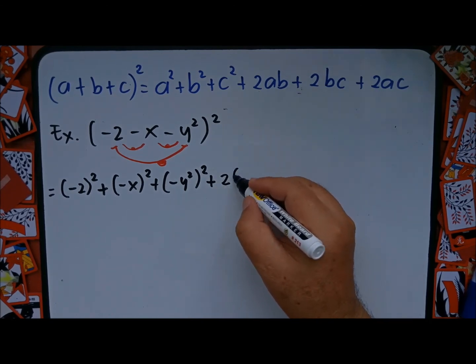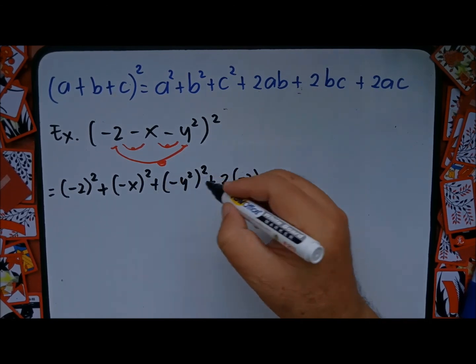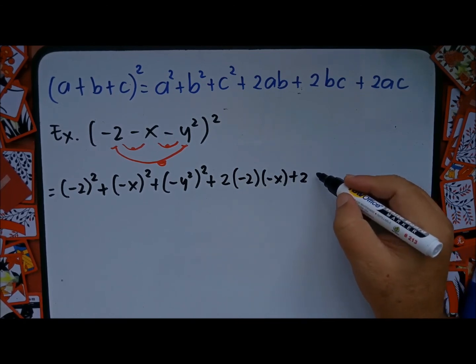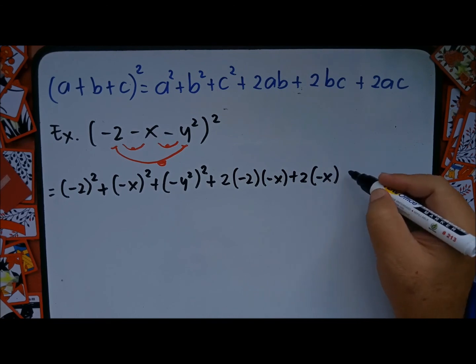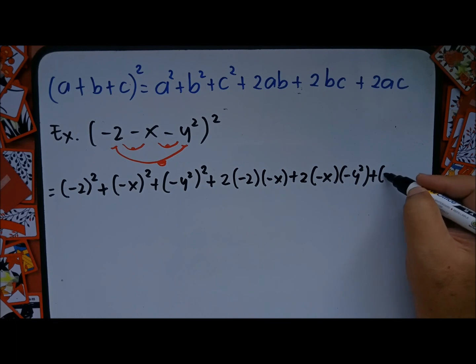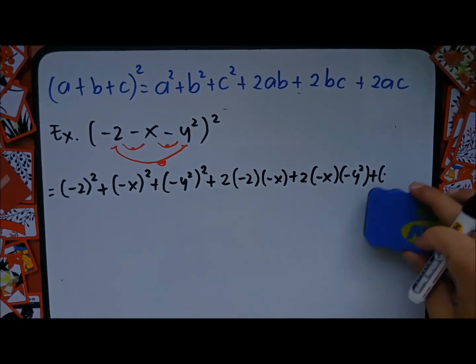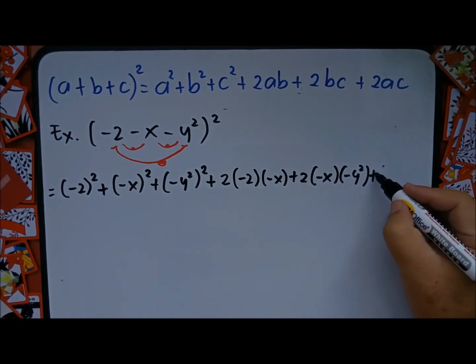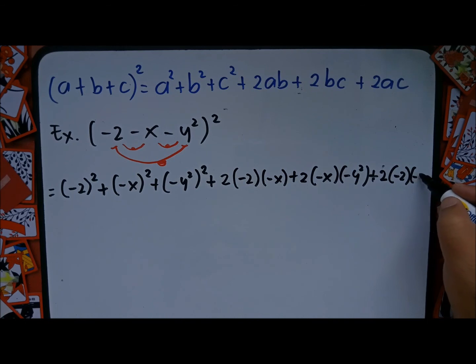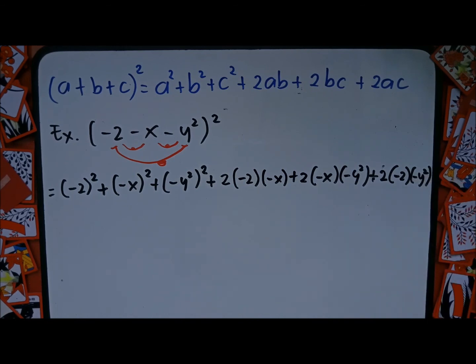Twice the first term and the second term plus twice the second term times the third term plus twice the first term and the third term. Okay, now simplify.